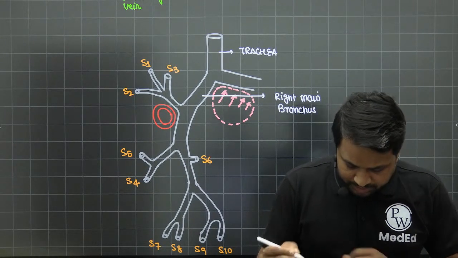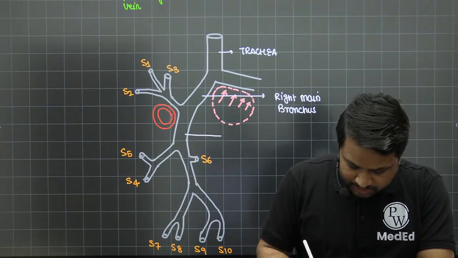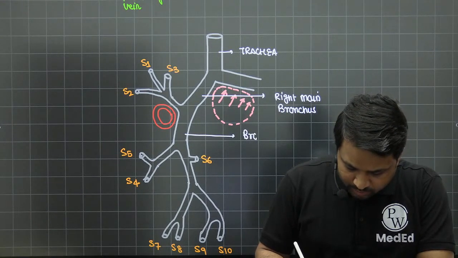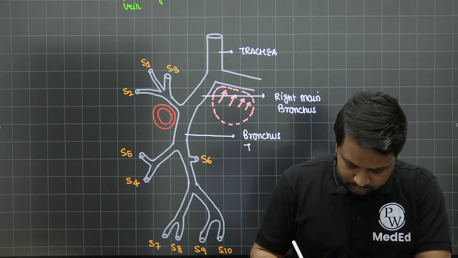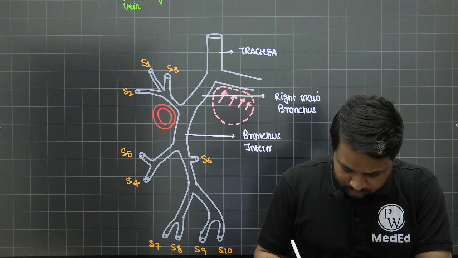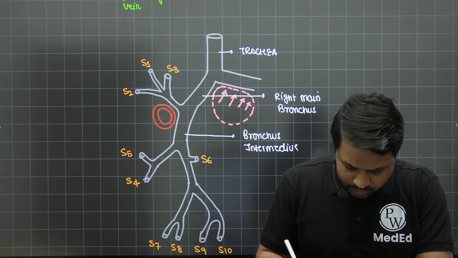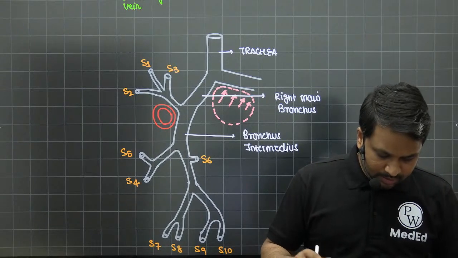As it continues beyond, this is what we call the bronchus intermedius.